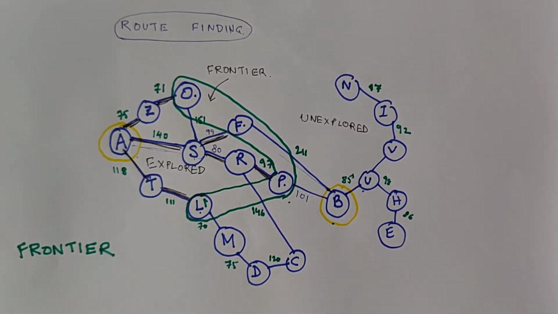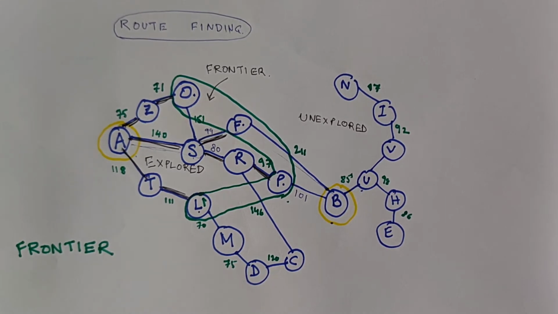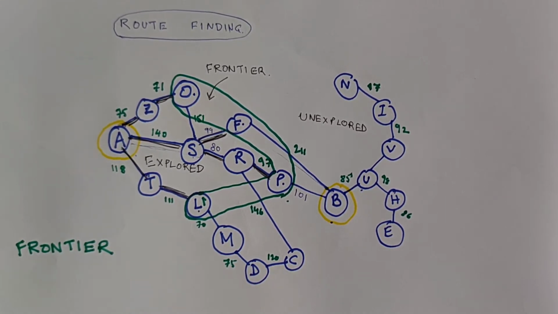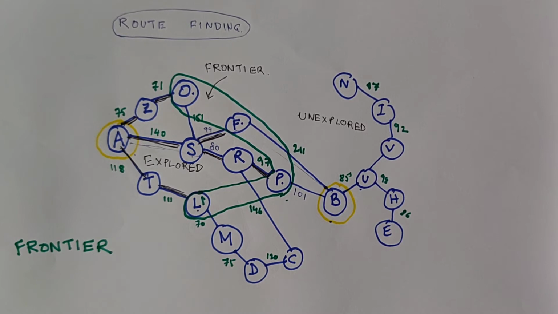So now we have the same root finding problem, but as we have found, when the path step costs are given, breadth first search is not always optimal for finding the minimum path cost solution.